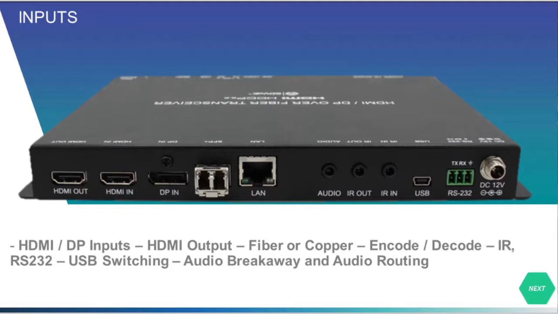Not only do you get the transportation and distribution of video signals, control signals, audio and USB signals, but you also get network connectivity throughout the distribution platform as well. That is uninhibited by any of the other signals. Those never cross, maintaining the security and integrity of that network connection.